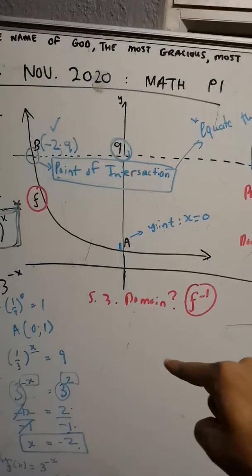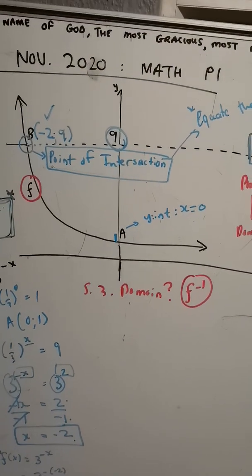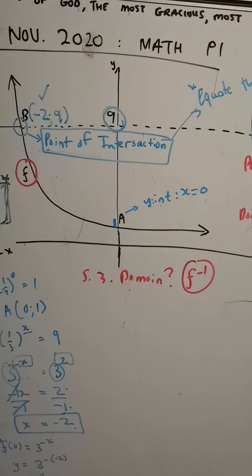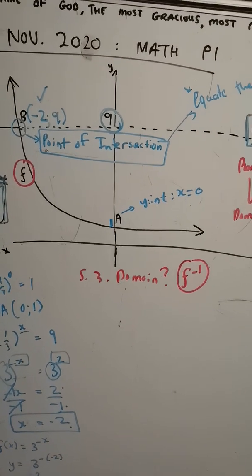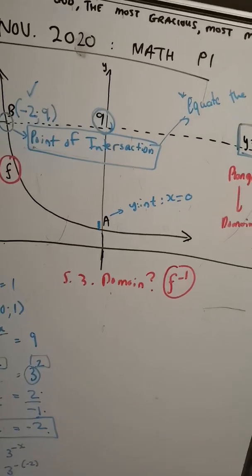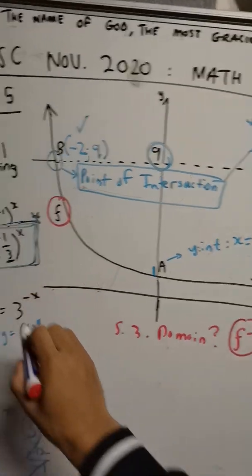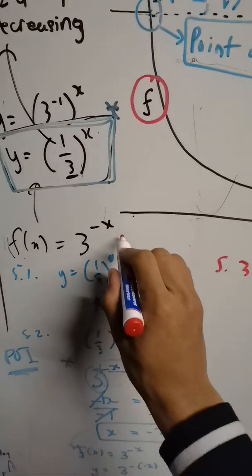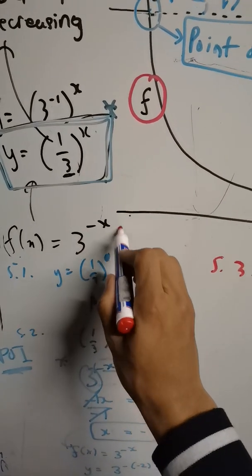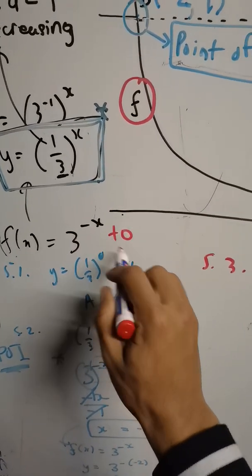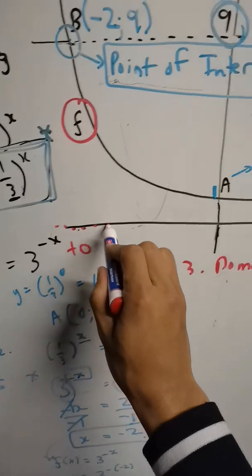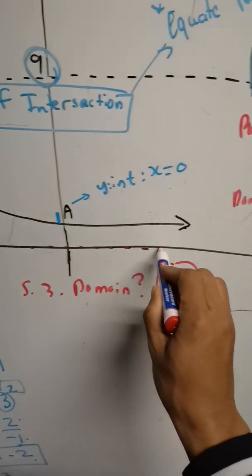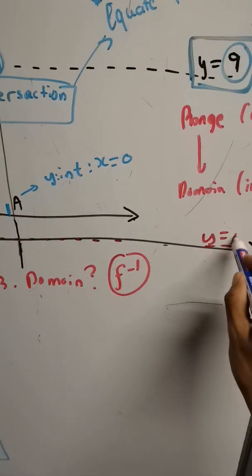So what is the range of the original graph in this case? Remember, the range is all the y values. This graph has no q value, right? This graph is just e to the power of negative x plus 0. So the q value there is 0, and therefore the asymptote over here is y is equal to 0.